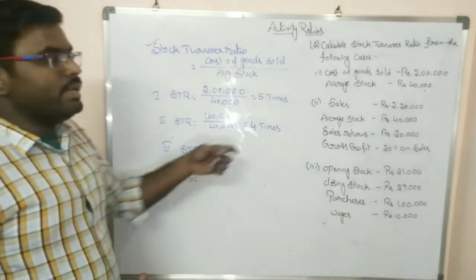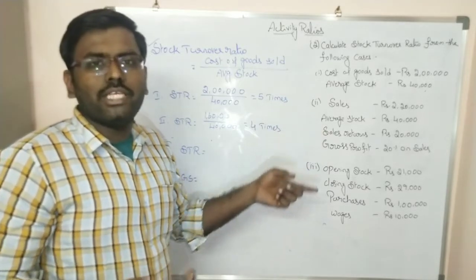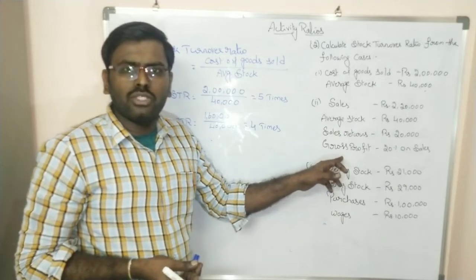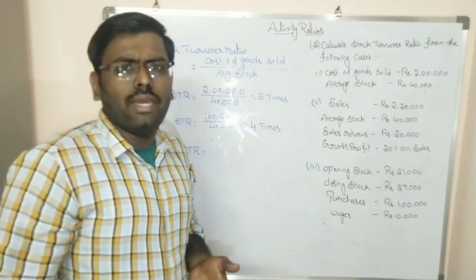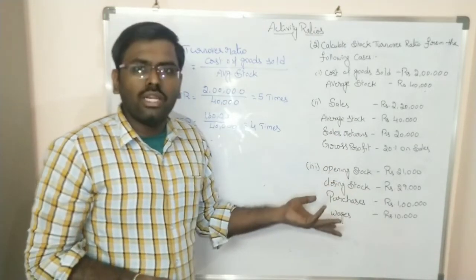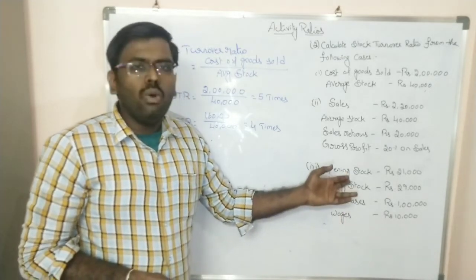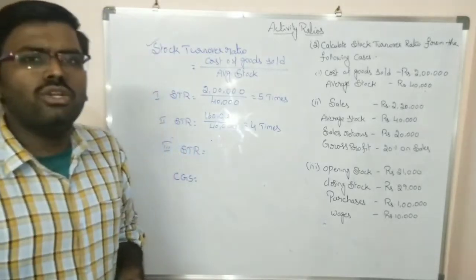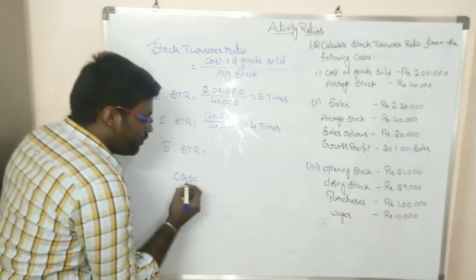In the previous case we used sales minus gross profit because there was sales and gross profit information, so that formula was applicable. But here they have not given that information. They have given opening stock, closing stock and purchases. So with that information you will calculate the cost of goods sold.